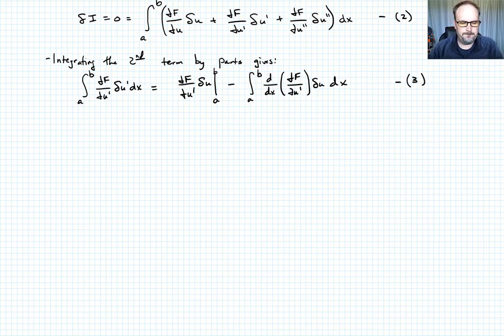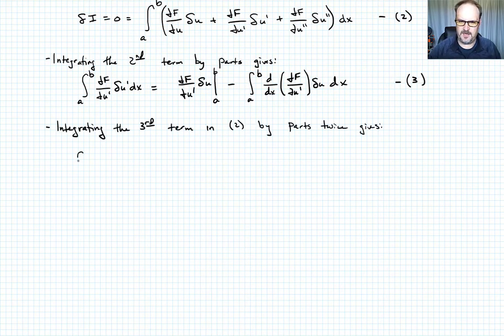As you probably expect, that third term in equation 2, I'm going to need to integrate by parts, but I'm going to need to do it twice. So let's write that down. Then we have the integral from a to b of partial of f with respect to u double prime times delta u double prime dx.